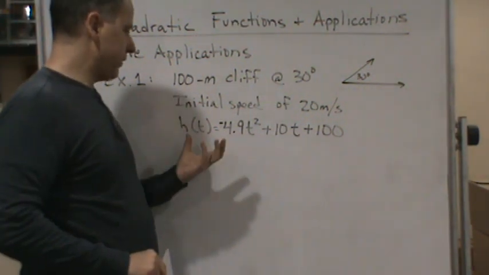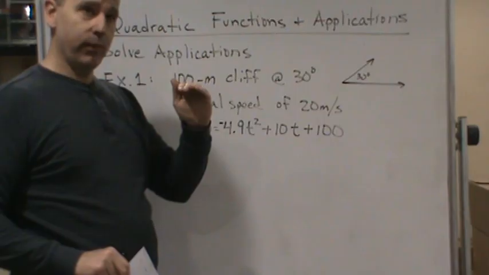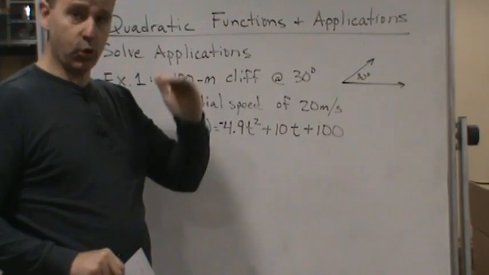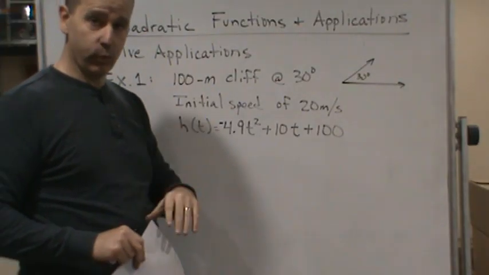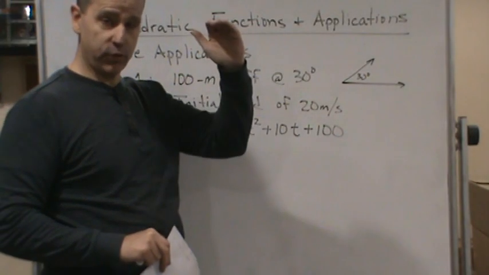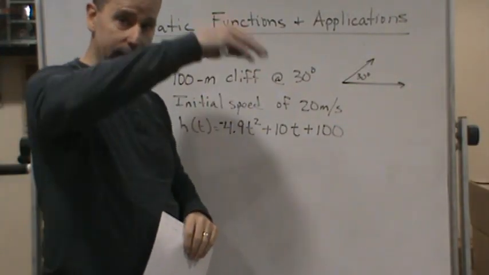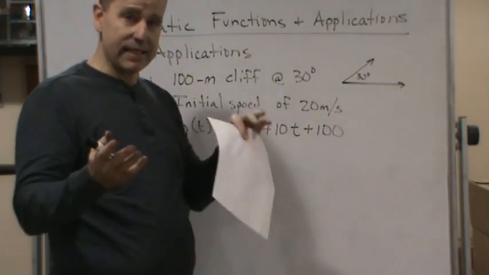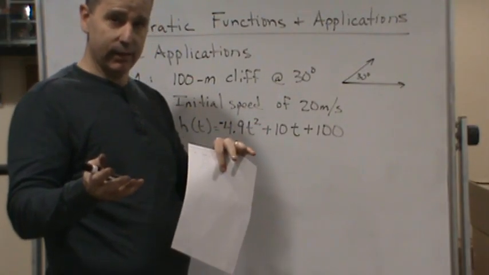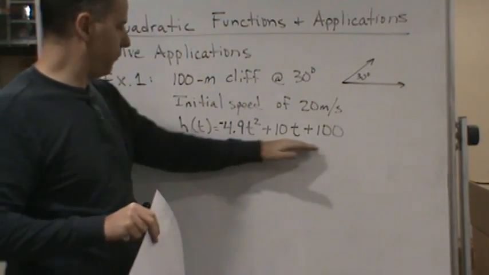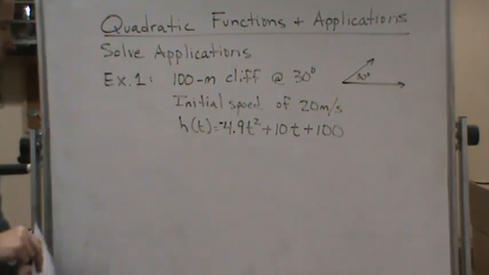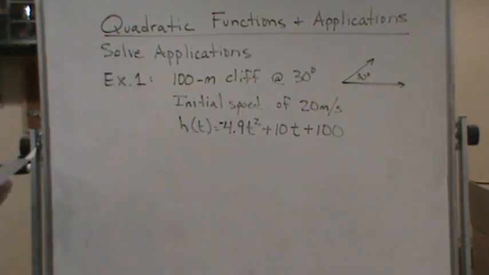One of the assumptions is we're not taking the height of the person into account. We're going to assume that's negligible. So whether the person's 4 feet tall or 6 feet tall, when they release the stone, obviously that's going to have a slight effect, but this formula assumes we're not counting that. Okay, but anyway, that's beside the point. That's my physics background coming out.